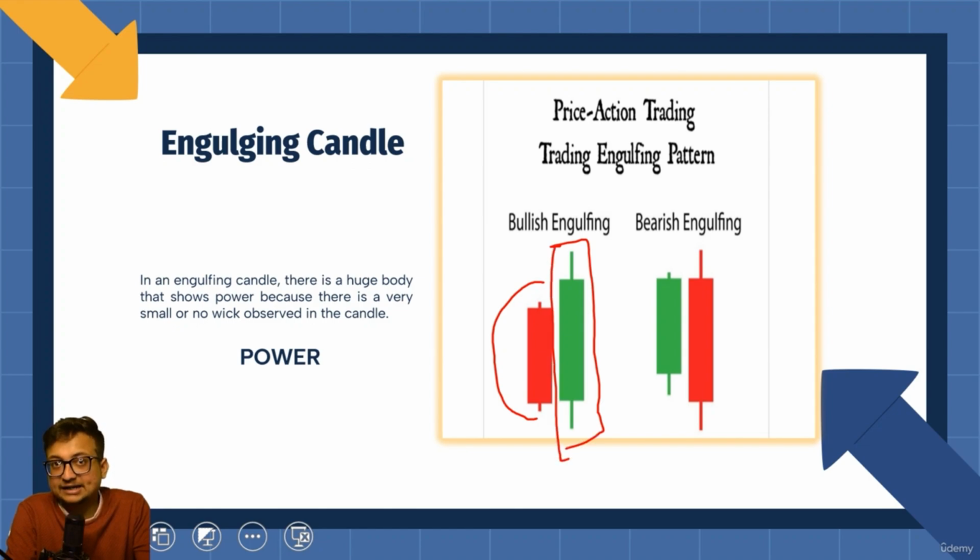This candle is the engulfing candle. After a small candle, if there is a big candle, and the big candle is eating the whole small candle, let's go to the white screen.